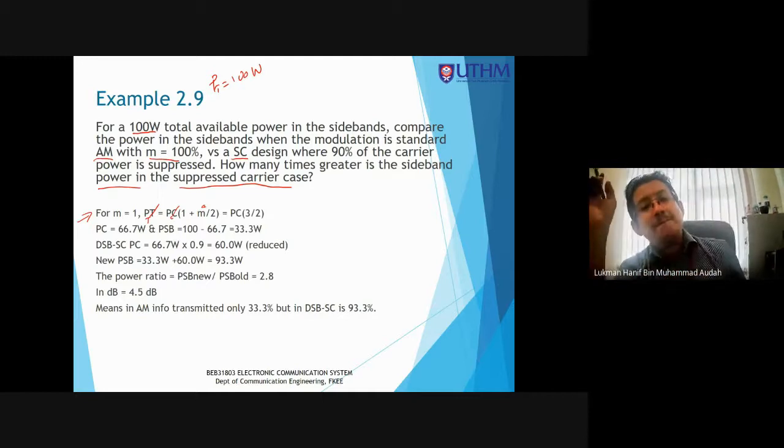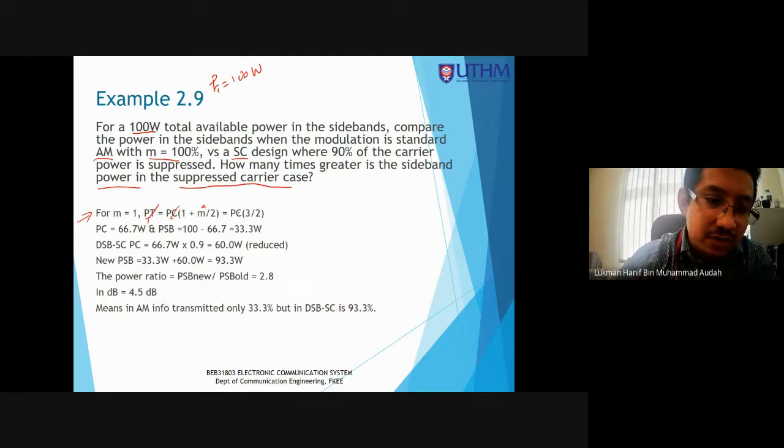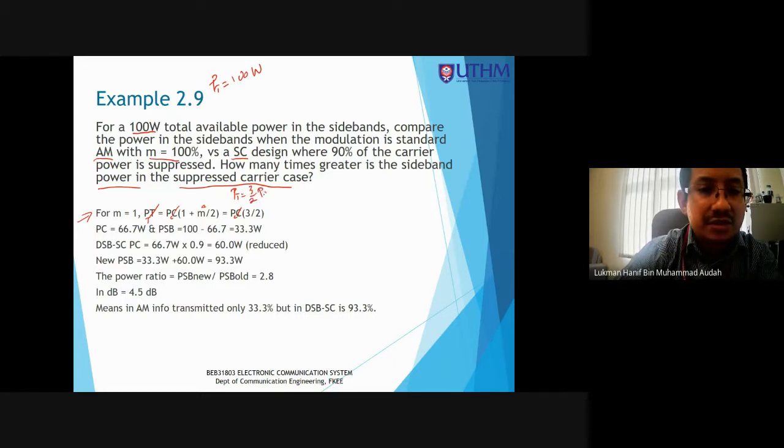So ini boleh dilihat dalam slide sebelumnya berkenaan dengan total power of double sideband full carrier. Okay, ini juga subscript, bermakna P total bersamaan dengan 3/2 daripada PC.